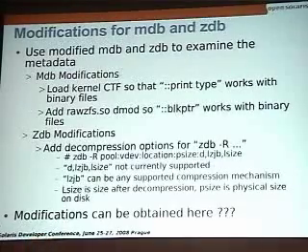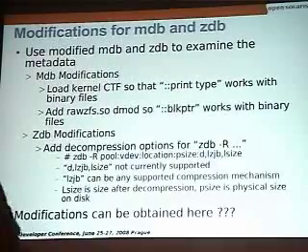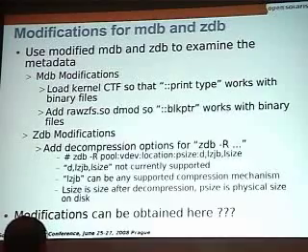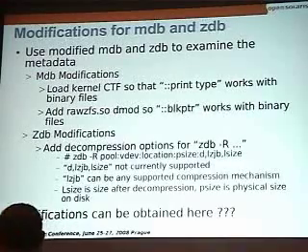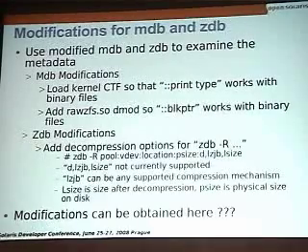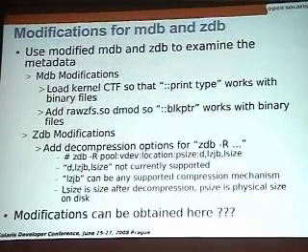LZJB is the decompression algorithm that seems to be used for all of the metadata that I've seen, but I'm not doing anything out of the ordinary with ZFS. I create a ZFS file system and use it. I don't change any flags, so possibly you could get different compression here, but this should work regardless of the compression algorithm as long as ZFS supports it. And lsize is the size after decompressing, which again is given to you by something you've done before this.